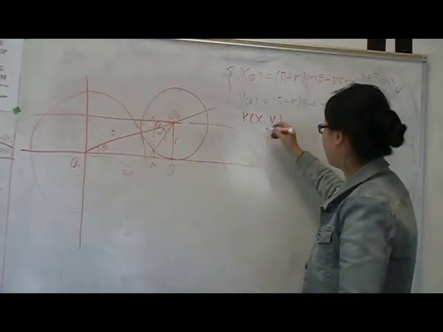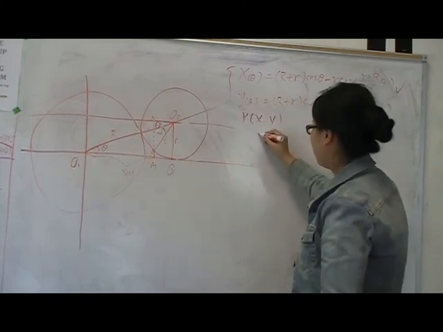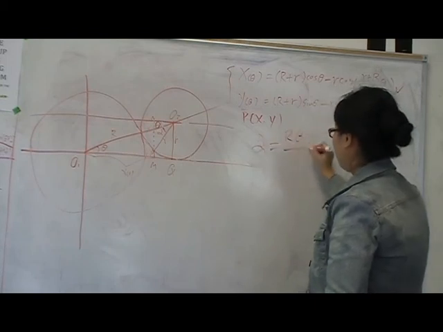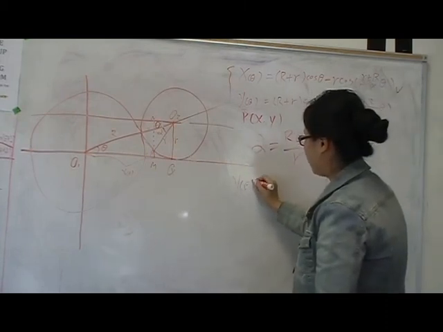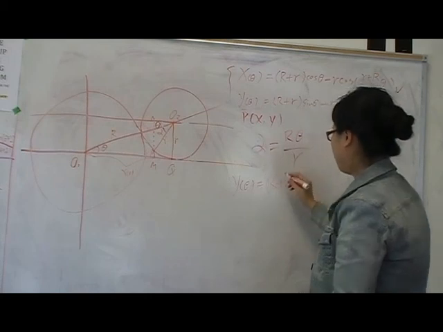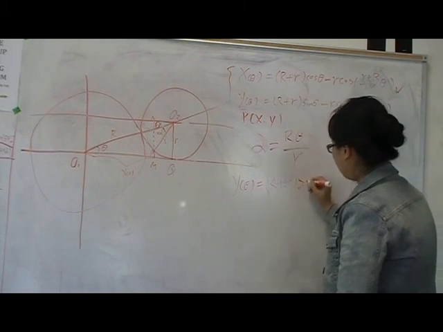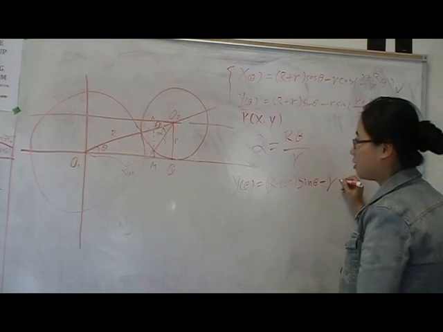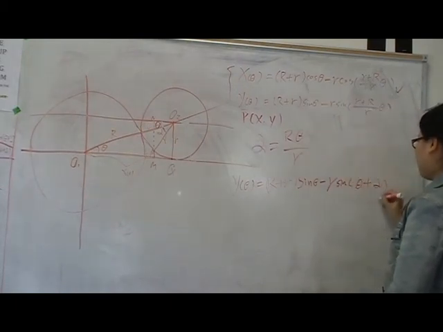Okay, now let's try to figure out the final form. Since we got alpha equals big R theta over small r earlier, we plug that into the equation we got earlier, which is big R plus small r times sine theta minus small r sine of theta plus alpha.